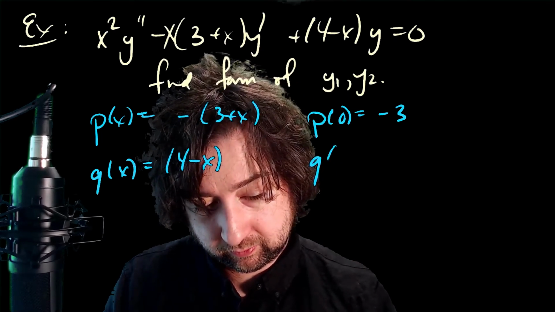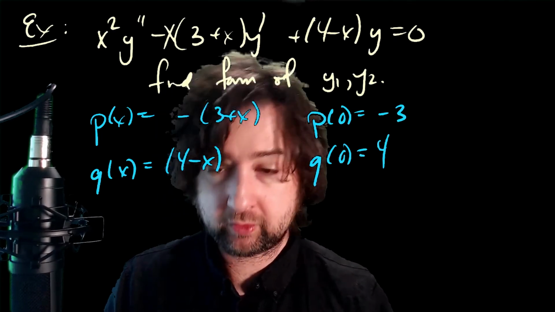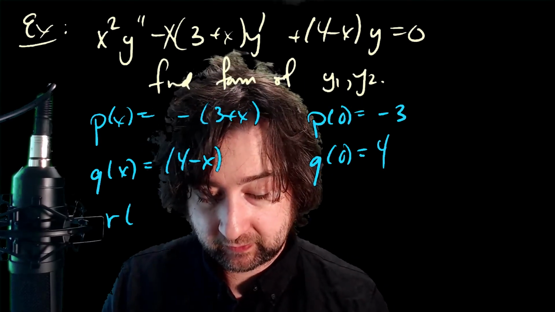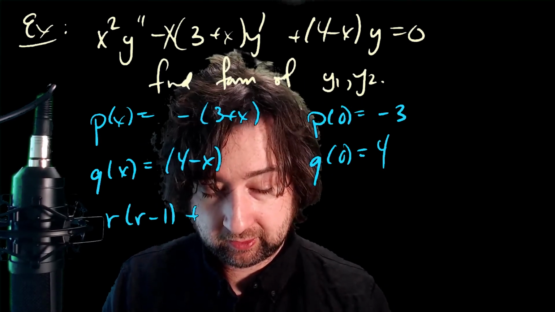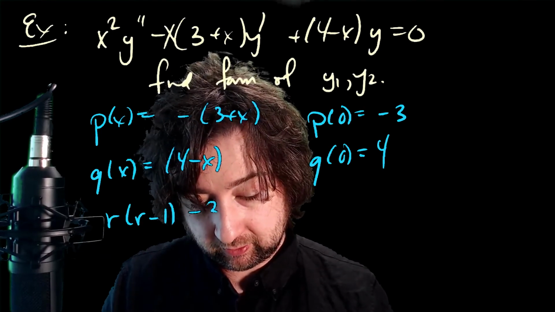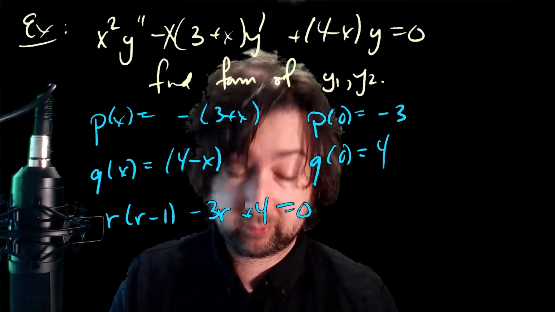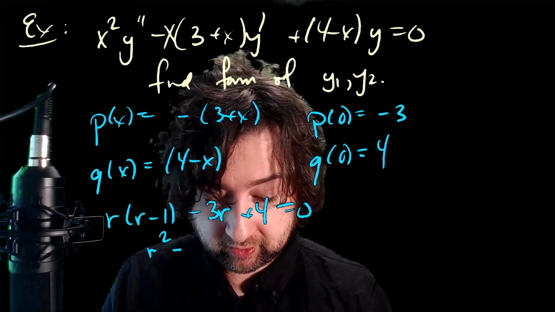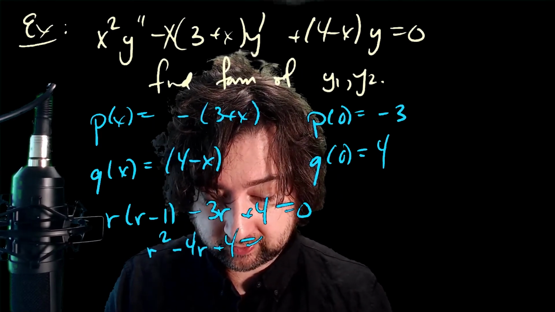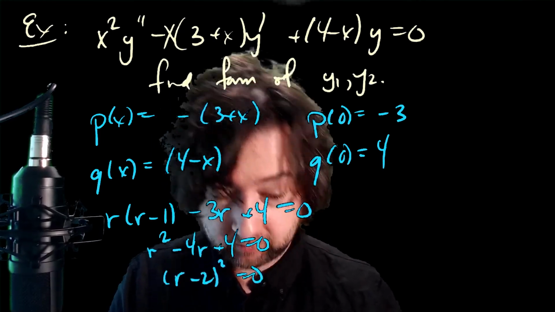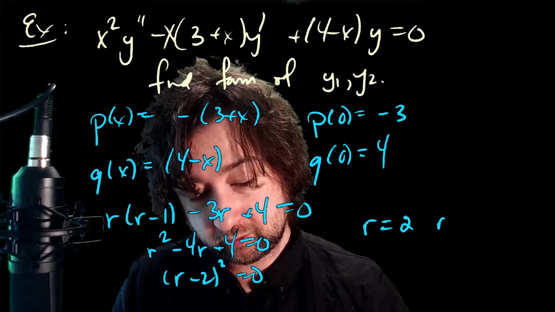And q of 0 is equal to 4. Plugging those numbers into the indicial equation gets r times (r minus 1) minus 3r plus 4 is equal to 0, which reduces algebraically to r squared minus 4r plus 4 is 0, and so that factors pretty obviously as (r minus 2) squared. So you get r is equal to 2 repeated.